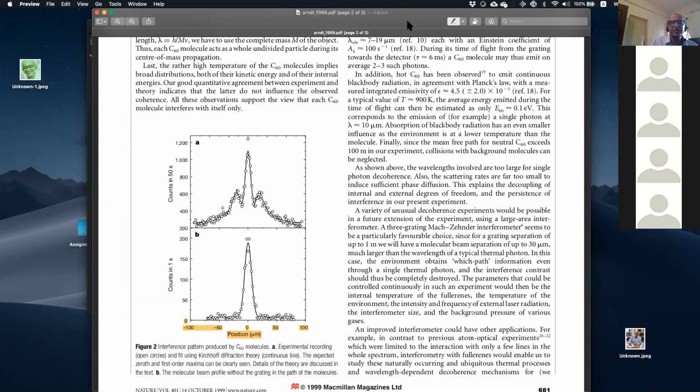And what you have to do is calculate the wavelength that is observed experimentally and compare it with the wavelength obtained by the de Broglie relation. So let me first calculate the de Broglie wavelength.